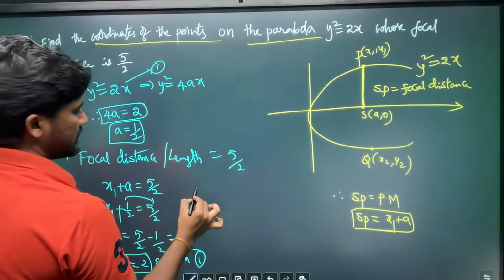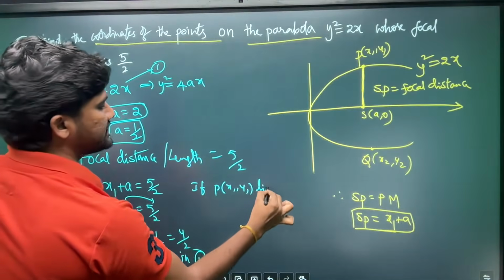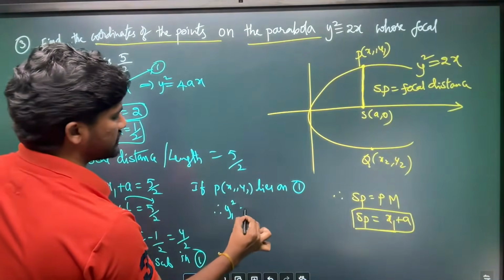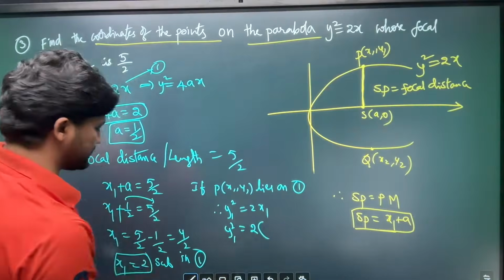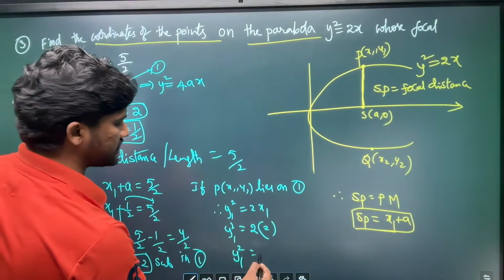Why? Because if P of x1, y1 lies on 1, then y1² is equal to 2x1. So y1² is equal to 2 into x1, which is 2, so y1² is equal to 4.